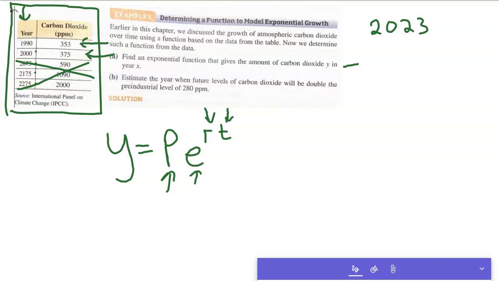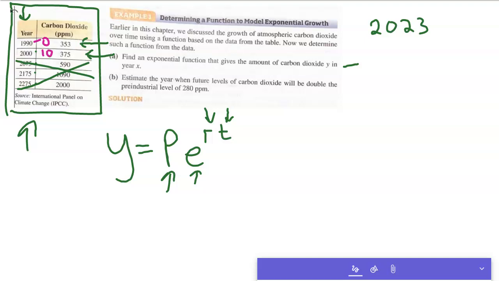So if we want a formula for this, let's look back at our graph. We're going to let 1990 be 0 years, which means 2000 is 10 years after that.